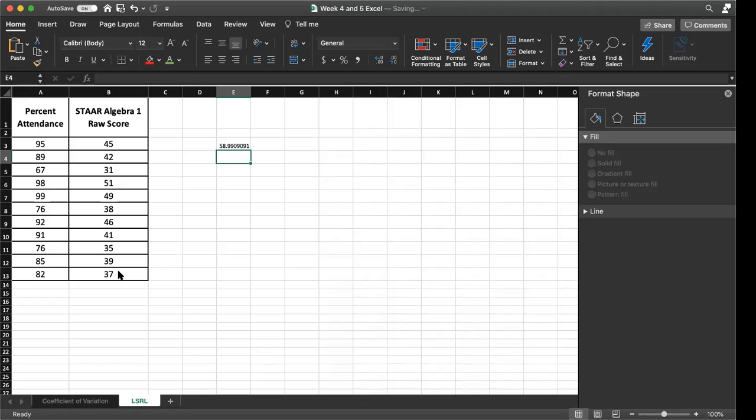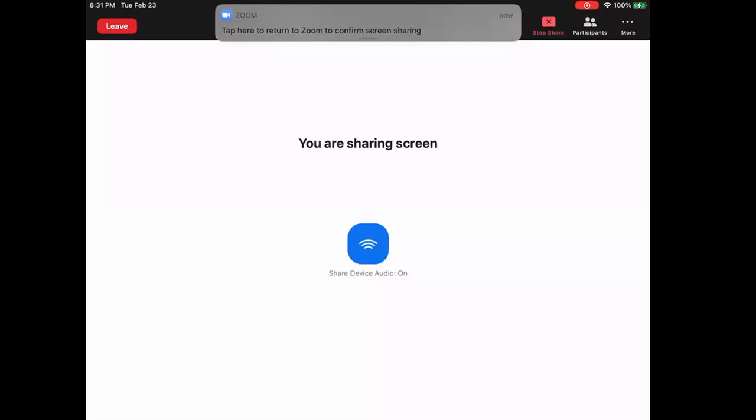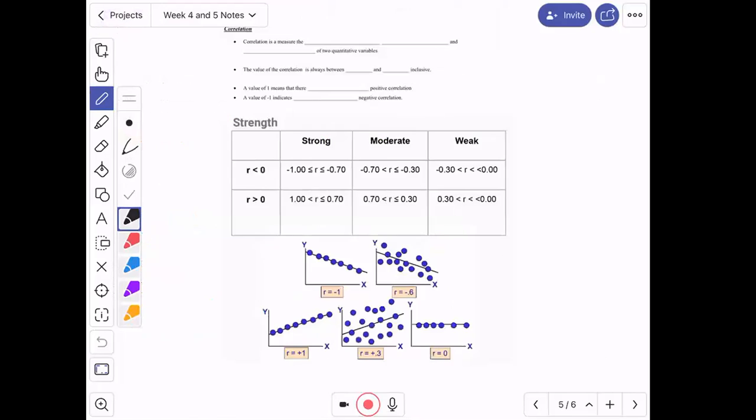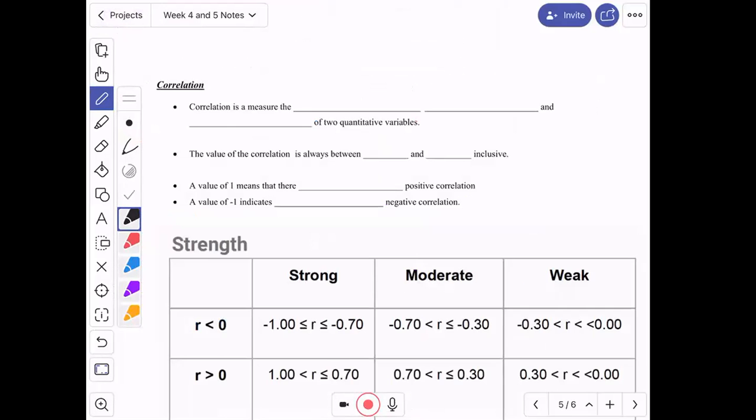So let's talk about this correlation value. Correlation is a measure of what we call the linear strength and direction of two quantitative variables.